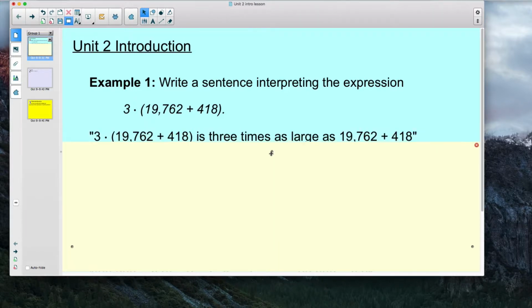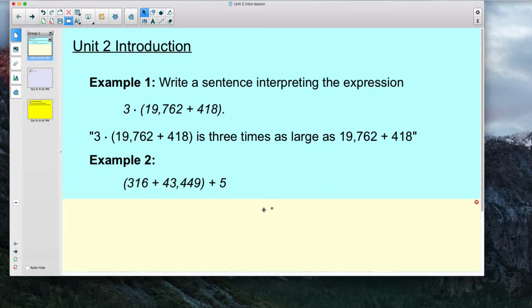If I was going to write a sentence to interpret this expression, it would be something like this: 3 times 19,762 plus 418 is 3 times as large as 19,762 plus 418, which sounds pretty self-explanatory, and to some of you you're like, duh. But being able to pull apart and use mathematical language to explain and interpret what an expression is saying is the first step to be able to solve expressions.